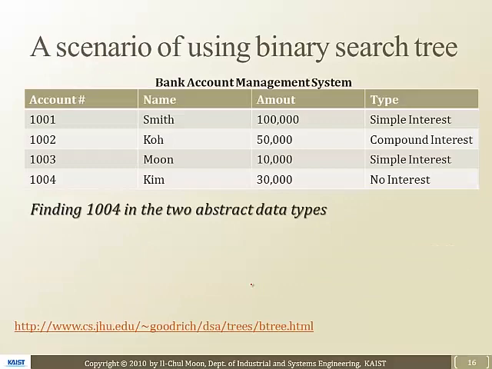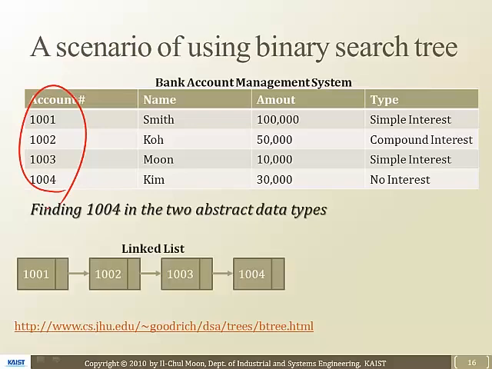And what happens in the binary search tree? Let's imagine that we are going to store these 4 account numbers: 1001, 1002, 1003, and 1004. In the linked list, we store 1001, 1002, 1003, and 1004.